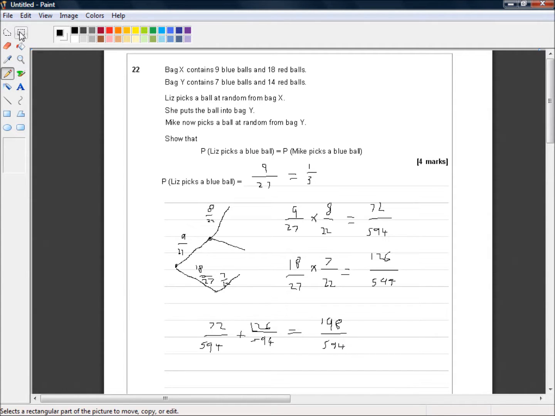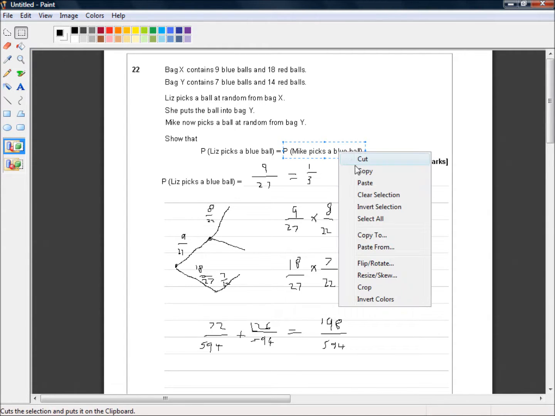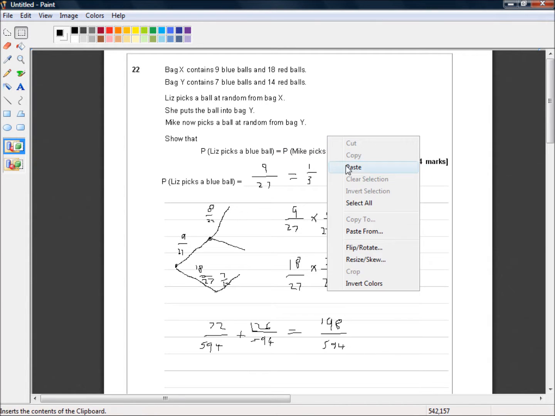In fact, I'm going to say what that represents. That's the probability that Mike picks a blue ball.